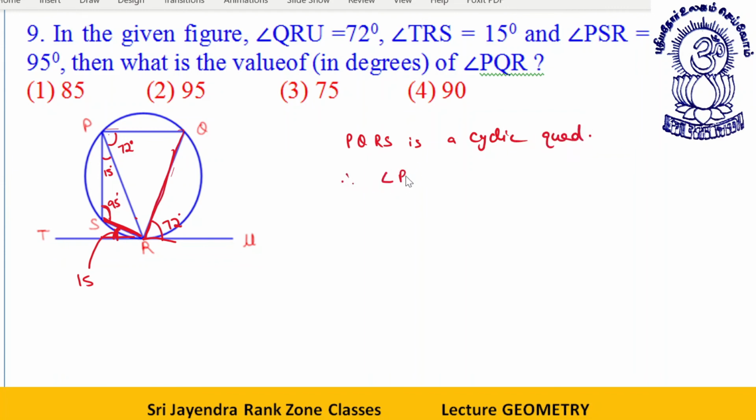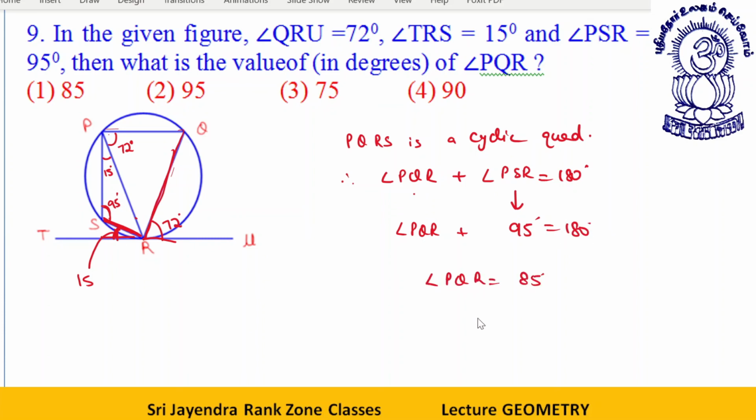Therefore, angle PQR plus angle PSR is equal to 180 degrees. You are provided angle PSR as 95 degrees. Angle PQR plus 95 is equal to 180 degrees. Therefore, angle PQR is equal to 85 degrees. Okay, my dear students, clear to all? Let's move ahead.